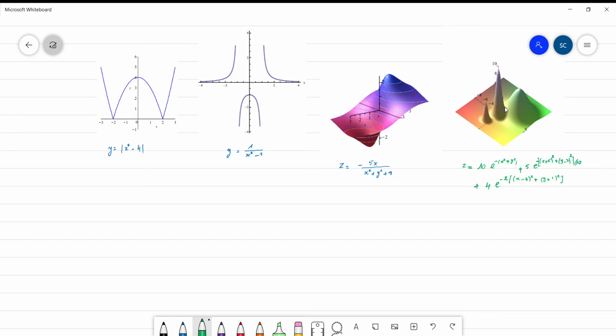Looking at this graph, we may be interested in the highest value of a function. The first two are functions of one variable, and the second two are the graphs of functions of two variables.